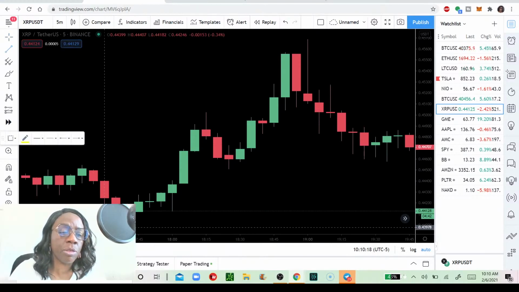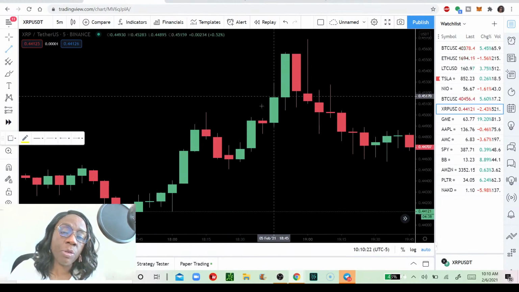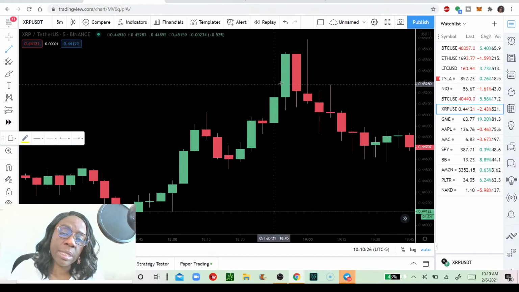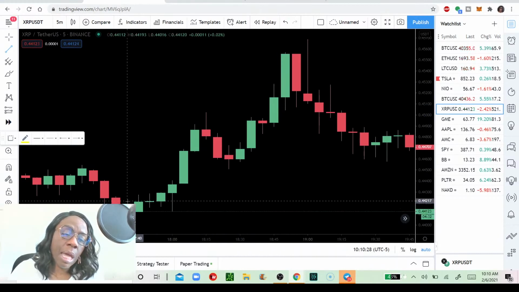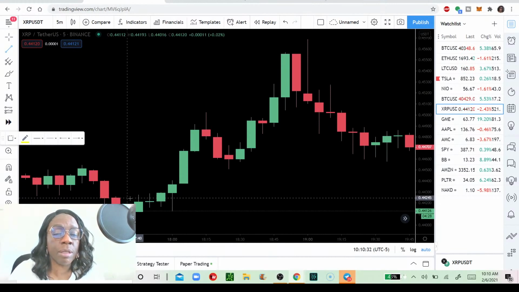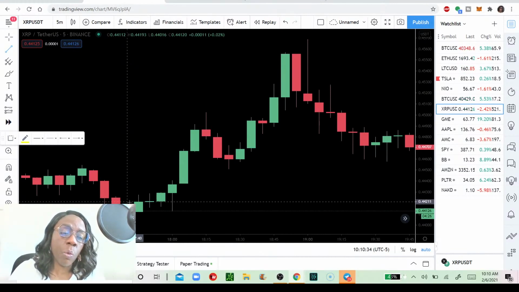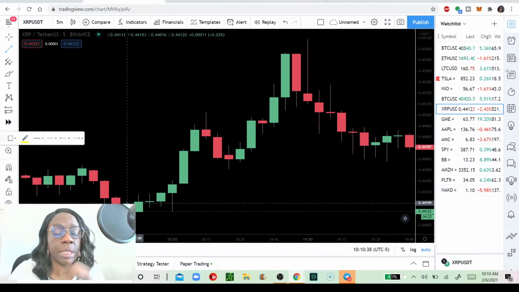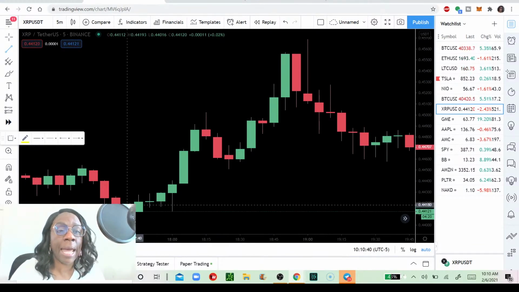So I'll click on trend line, and then within this uptrending section, I'm going to search for the swing highs. So the points at which within this uptrending period we had the higher price action.